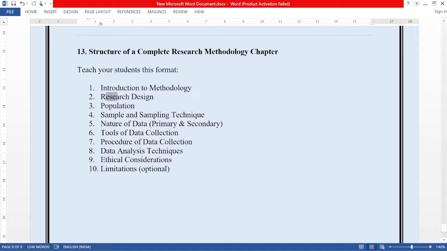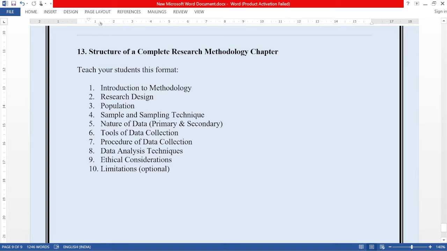The second thing is research design, which reflects how you collect, analyze, and represent your findings in your project work. Another thing is population.